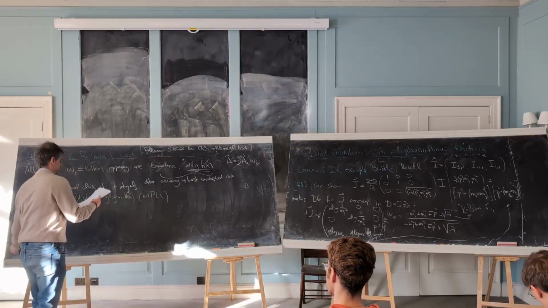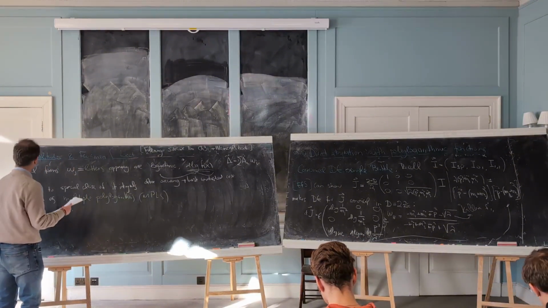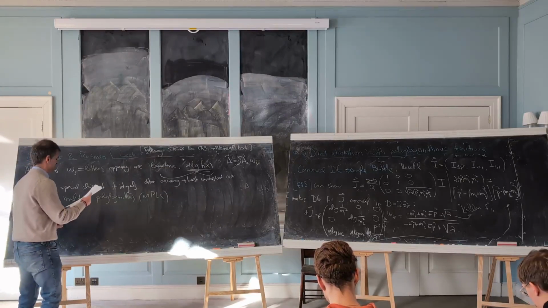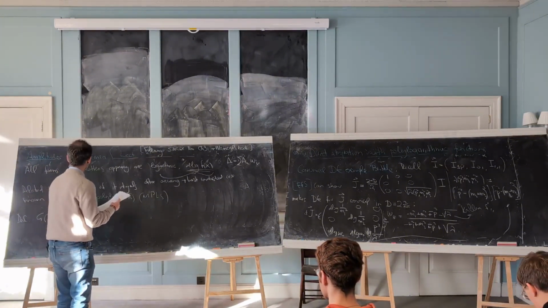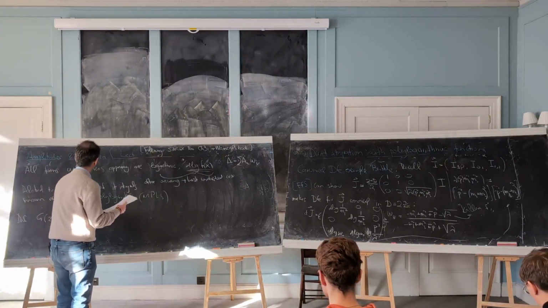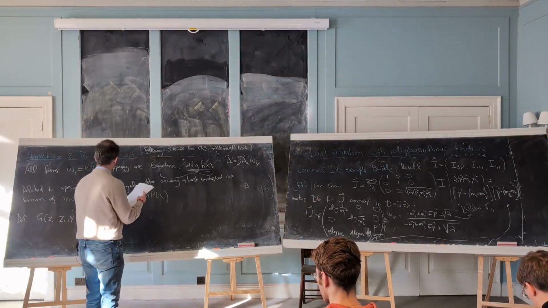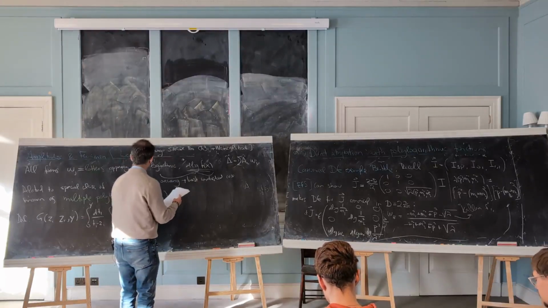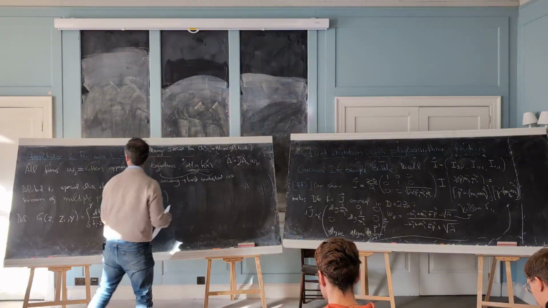These are defined as G with arguments z1 to zr, y, and it's the integral from 0 to y, dt1 over t1 minus z1, integral from 0 to t1, dt2 over t2 minus z2, dot, dot, dot, dtr over tr minus zr.